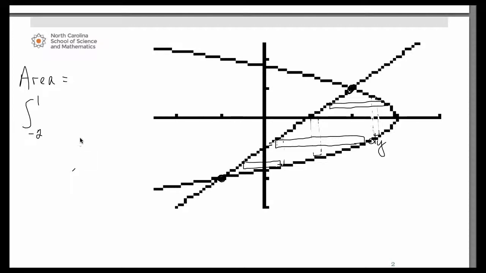What you're hitting on the right is that x equals 3 minus y squared. Remember that it's a dy problem, therefore our integrand must be in terms of y. So that's your right, minus, and then on the left, it's hitting y plus 1.